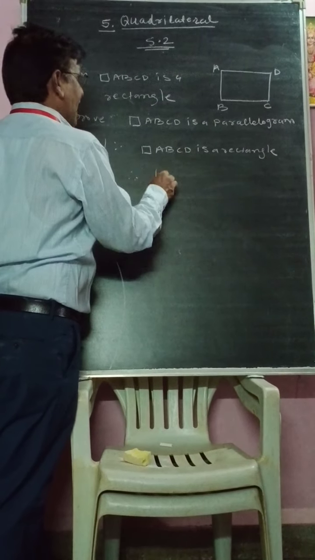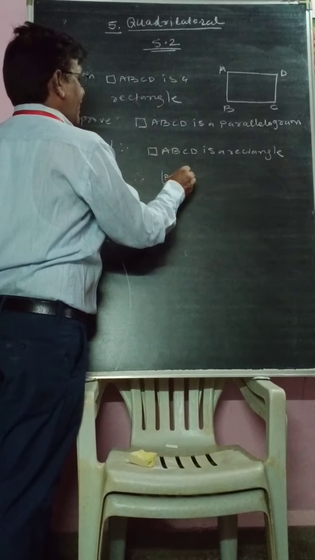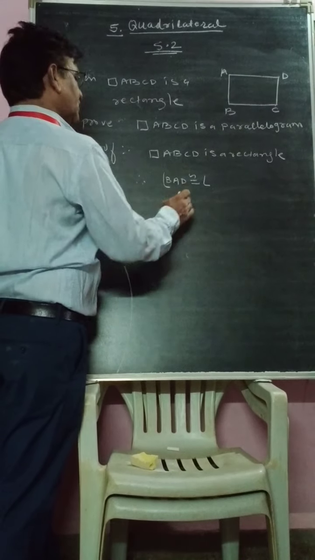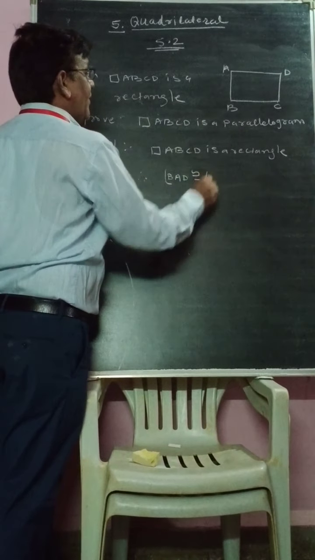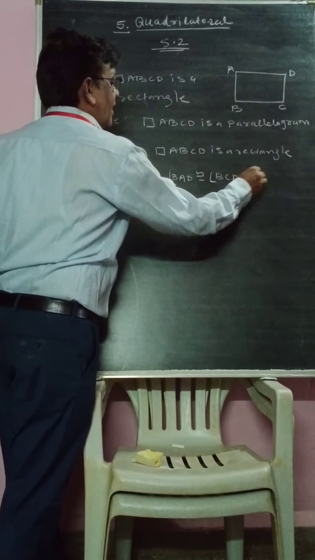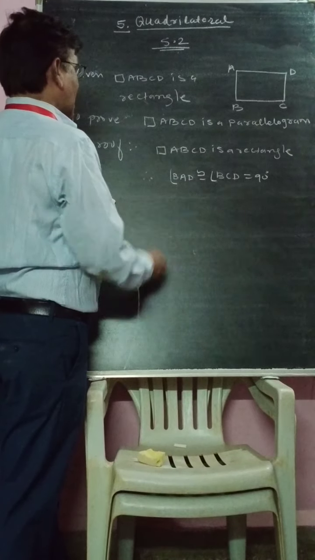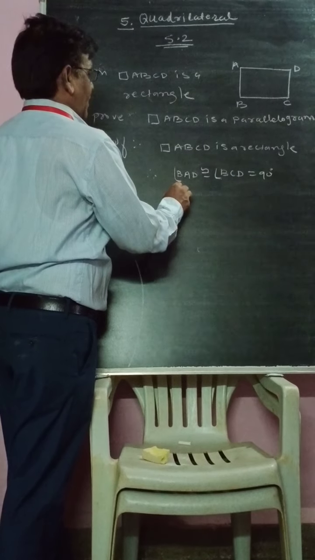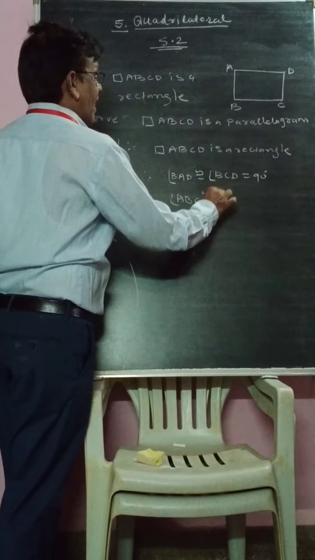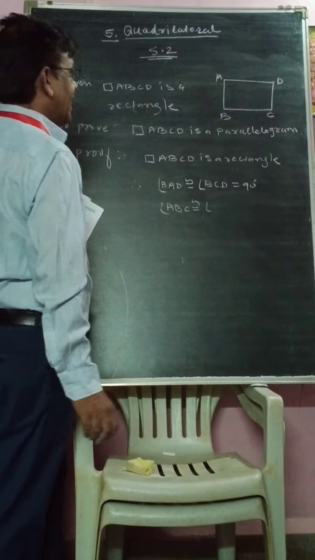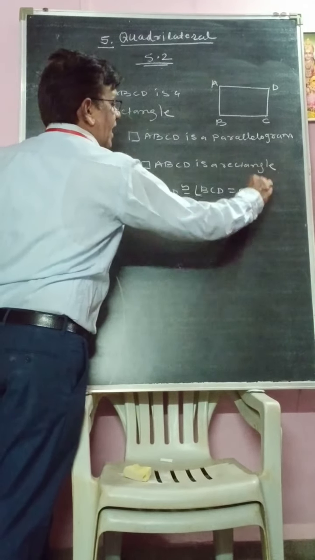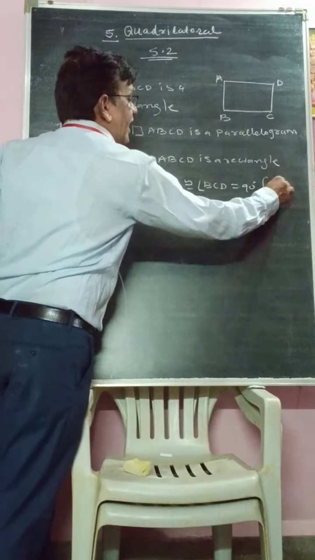Therefore, you can say that angle BAD is congruent to angle BCD, equal to 90 degrees, and angle ABC is congruent to angle ADC, equal to 90 degrees.